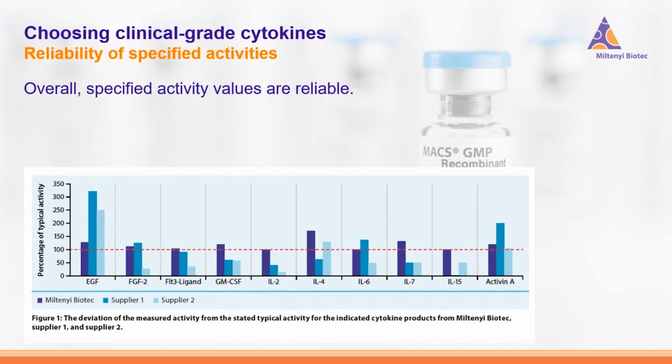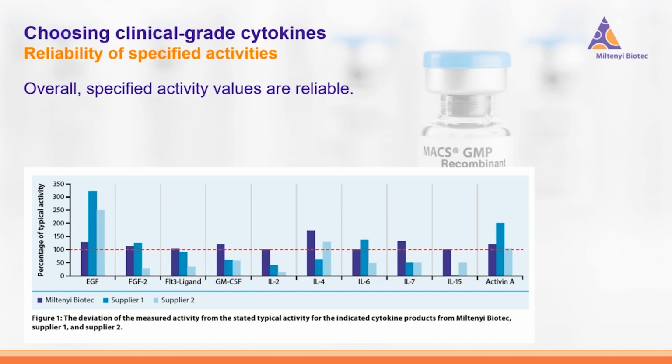So in order to check how reliable cytokine activity actually is, what we did is we measured cytokines from different suppliers side by side using our calibrated bioassays. And then we compared how close the specified activity was to the value that we actually measured. You can see the results depicted here in this graph, where the dotted line indicates the specified activity and the bars represent the actual measured activity.